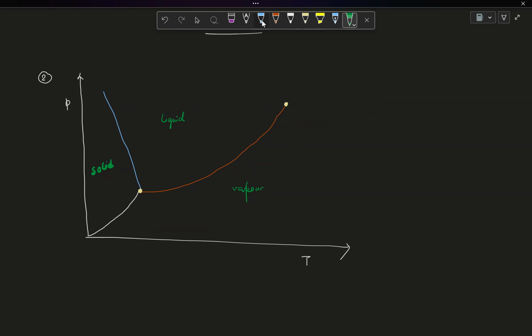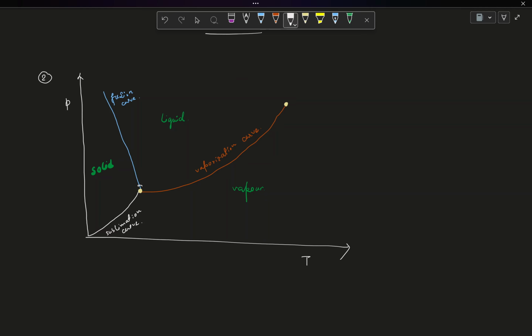The curve I have drawn in blue is, sorry, not the sublimation curve, this is your fusion curve. Here in white is the sublimation curve. And the red one is the vaporization curve, right?